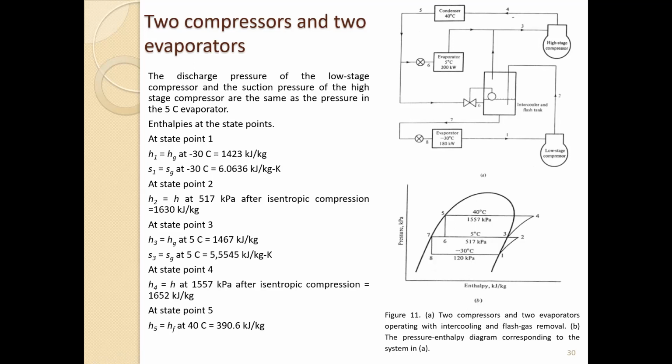At state point 3, H3 is equal to Hg at 5 C, or 1467 kJ per kilogram. S3 is equal to Sg at 5 C, which is 5.5545 kJ per kilogram-K. At state point 4, H4 is equal to H at 1557 kilopascal after isentropic compression, or 1652 kJ per kilogram. At state point 5, H5 is equal to Hf at 40 C, or 390.6 kJ per kilogram.